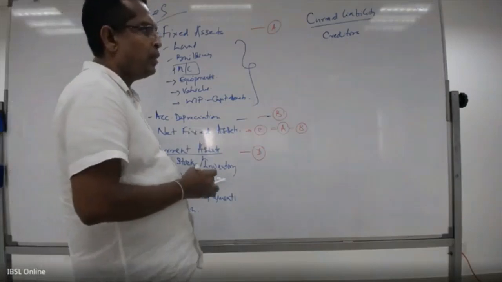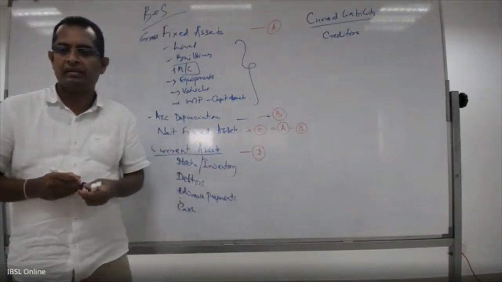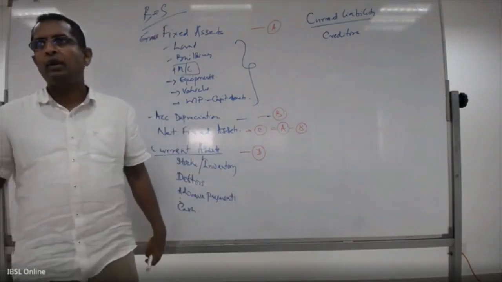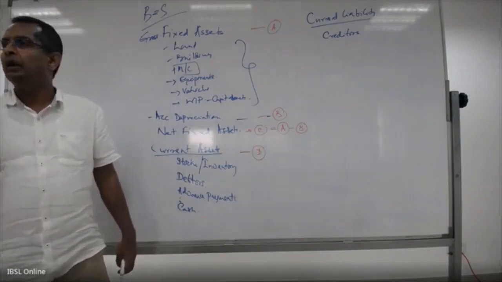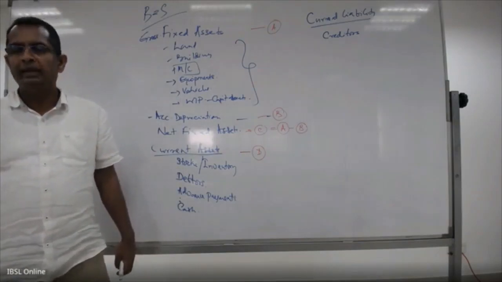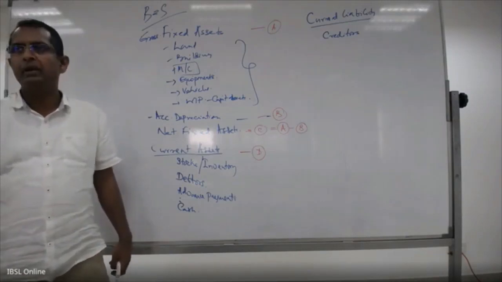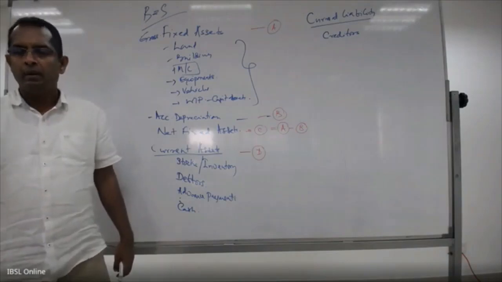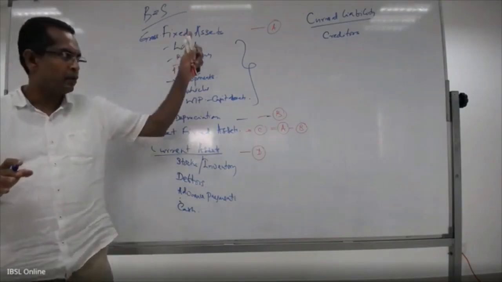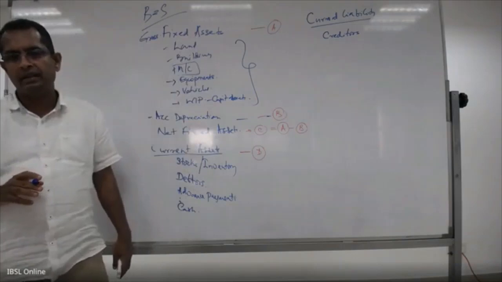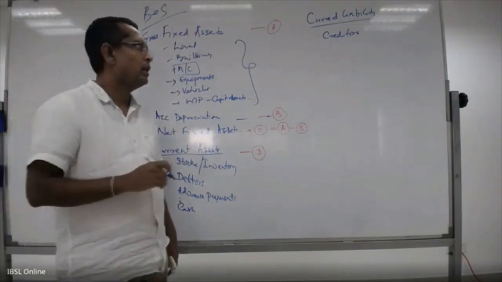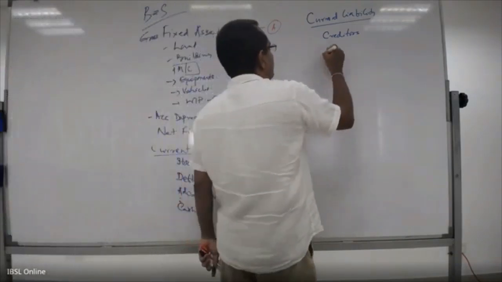Then, if you have not paid your salaries, if you have not paid your electricity bill, all those things come next. Any payment you need to make within a 12-month period is called current liabilities, right? Note payments.